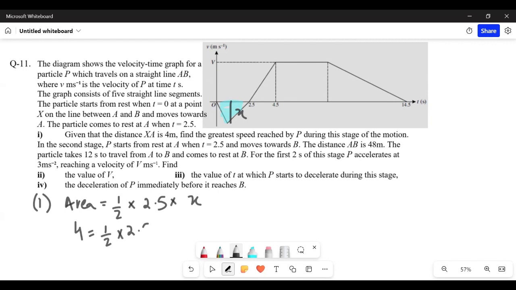So when you solve this, you get 3.2. So the highest velocity is 3.2. So this value here is 3.2.